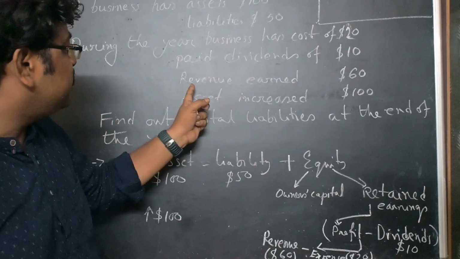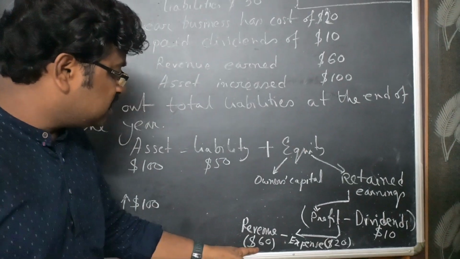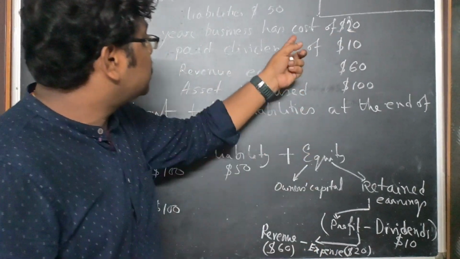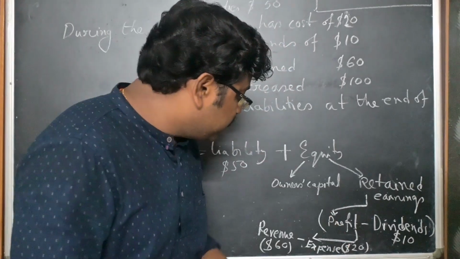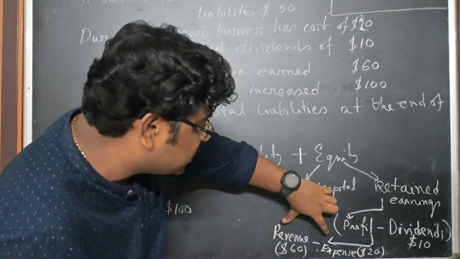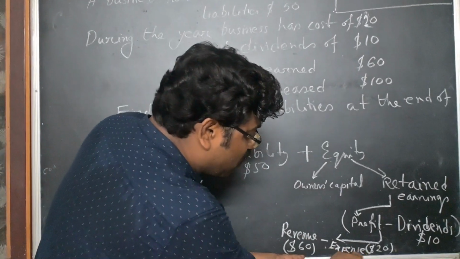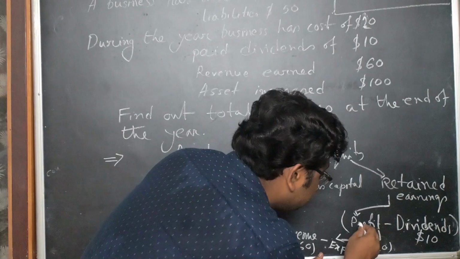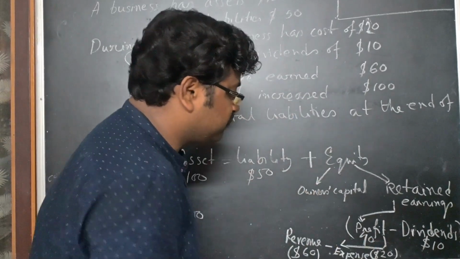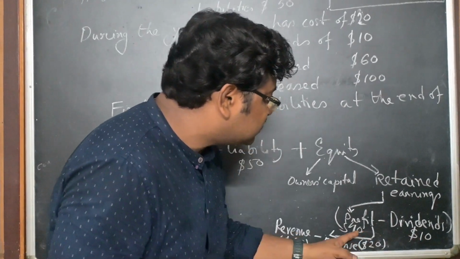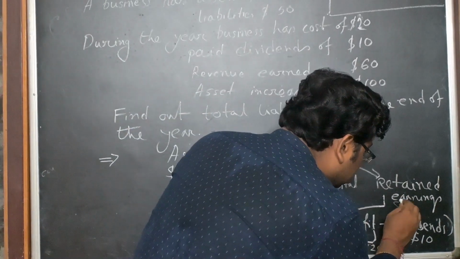Revenue is $60 and expense, meaning cost, is $20. So you have $40 profit. $40 minus $10 is 30, so retained earnings are $30.